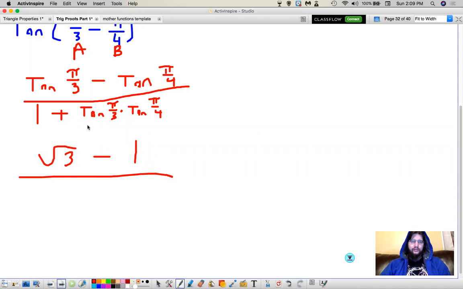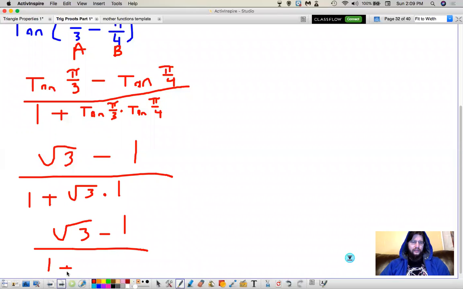So now we know what tangent of pi over 3 is, and we know what tangent of pi over 4 is. Let's plug them in. So this doesn't do anything. Square root of 3 minus 1 over 1 plus square root of 3.